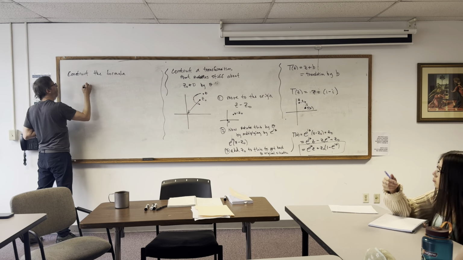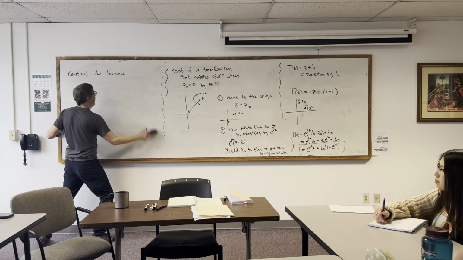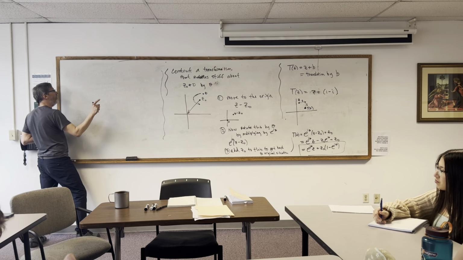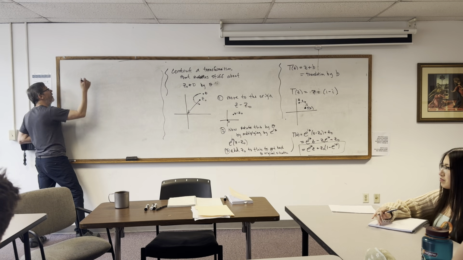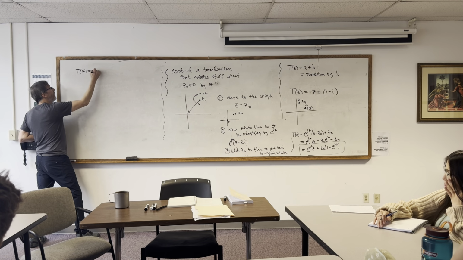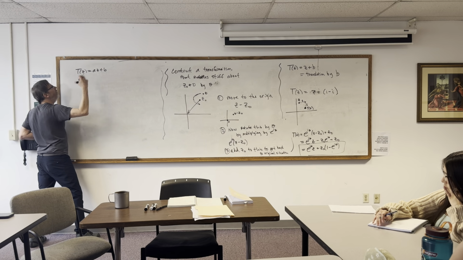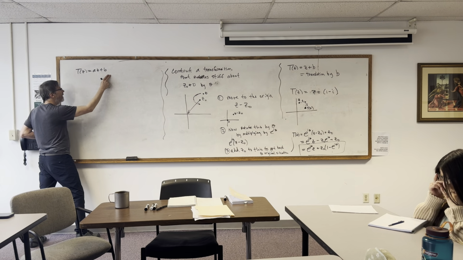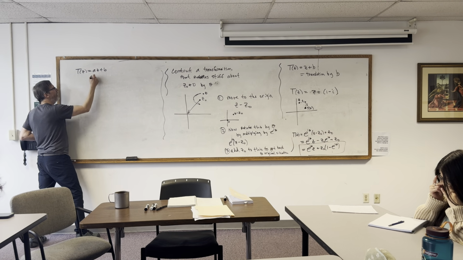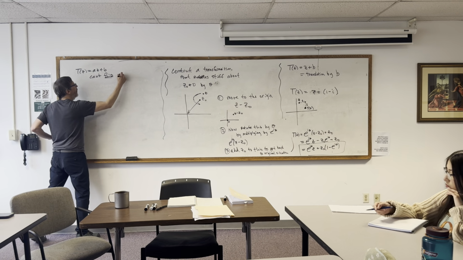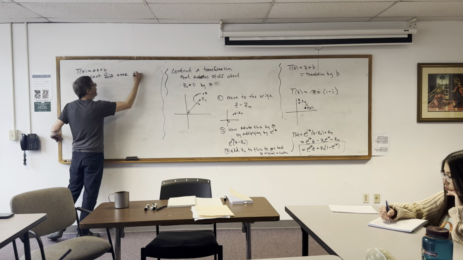Ooh, hold on. One last thing. There is one thing we can't do that we're really going to want to do with this thing here. So T of Z equals AZ plus B can do lots of things. It can rotate, scale, and shift, but it cannot flip over things. Can't flip over things.